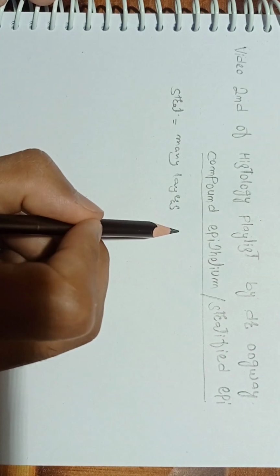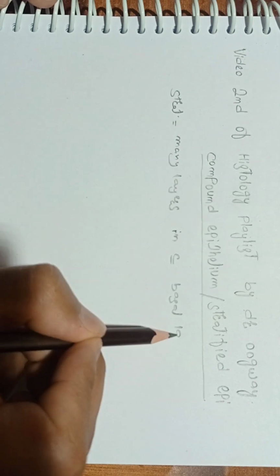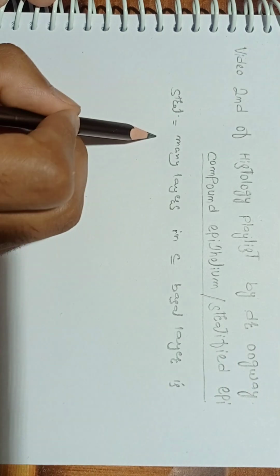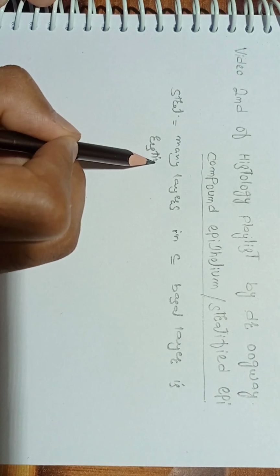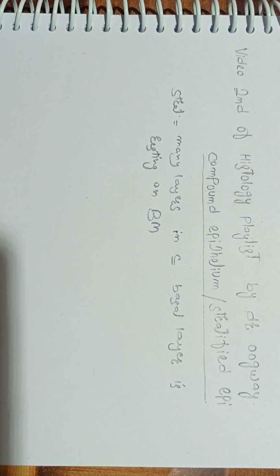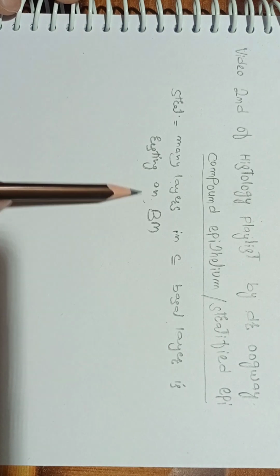In which the basal layer is resting on the basement membrane. So what is stratified meaning? Stratified means many layers. So in compound epithelium there are many layers and the basal layer is resting on the basement membrane.